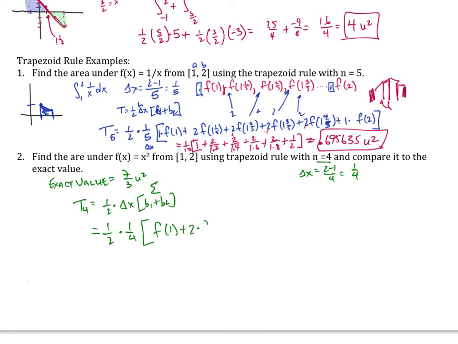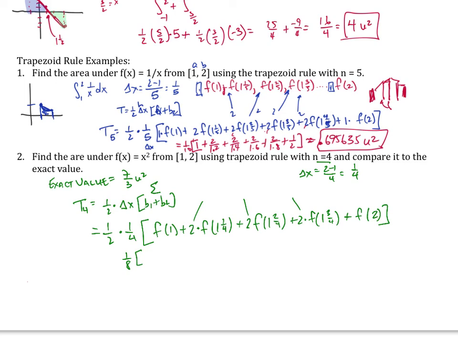So 2 times f of 1 and 1/4 plus 2 times f of 1 and 2/4 plus 2 times f of 1 and 3/4 plus f of 2. Again, 2's in the middle ones, 1's on the end. So this is going to be 1/8 times, and I will tell you what these are.